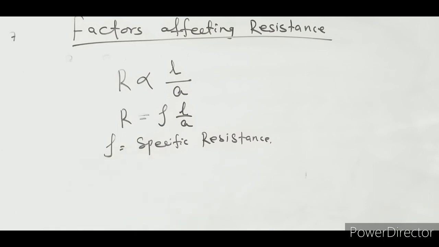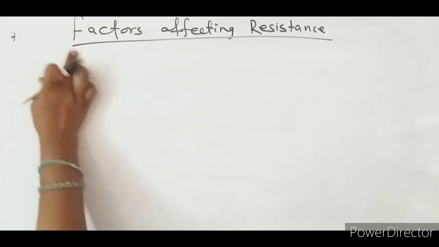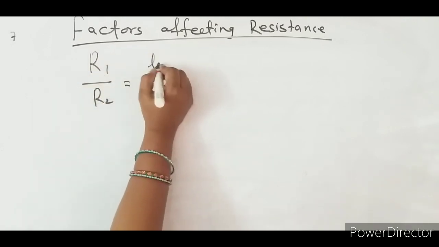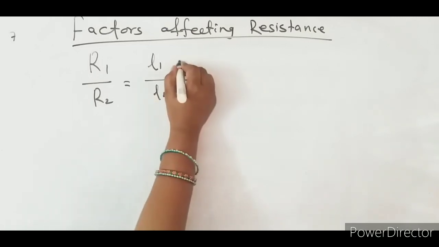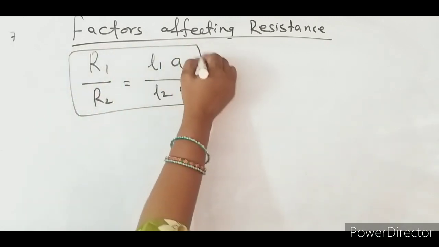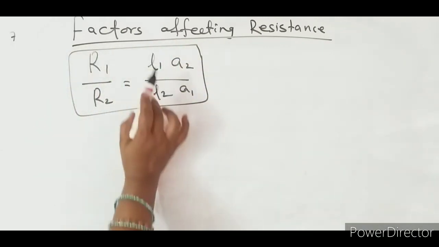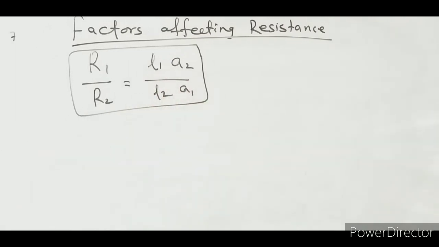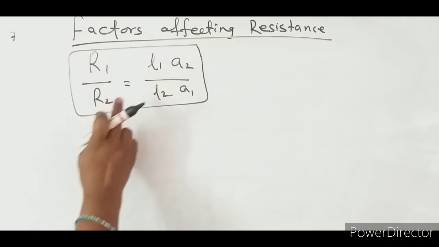Now here one formula, let us combine: R1 by R2 is equal to L1 by L2 times A2 by A1. So here the length increases, or this one is the initial length, final length, final area, initial area. Okay, you remember this formula.